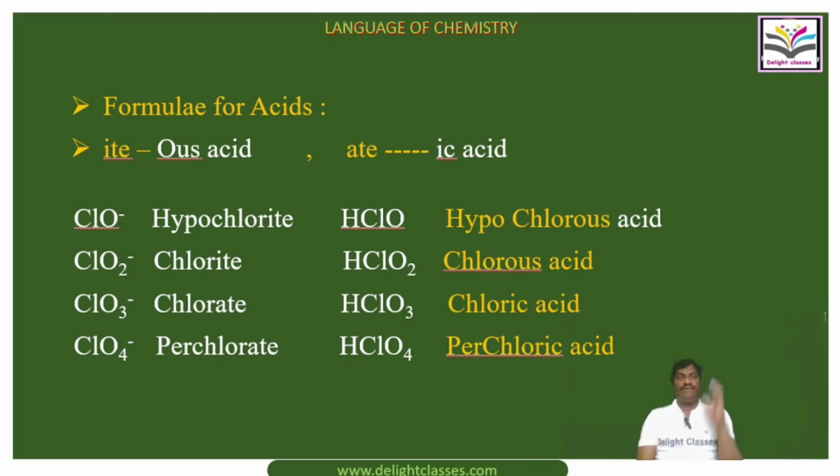Similarly, for acids: if ite is there, it becomes ous. If ate is there, it becomes ic. Hypochlorite, hypochlorous acid. Chlorite, chlorous acid. Chlorate, chloric acid. Perchlorate, perchloric acid.